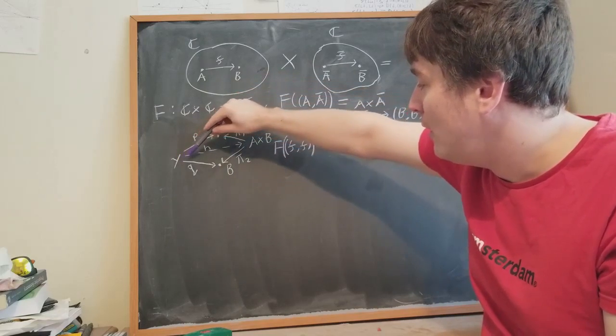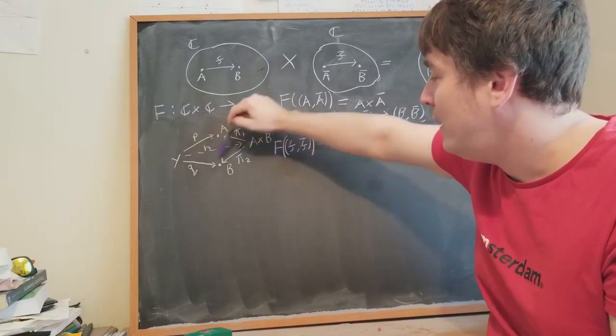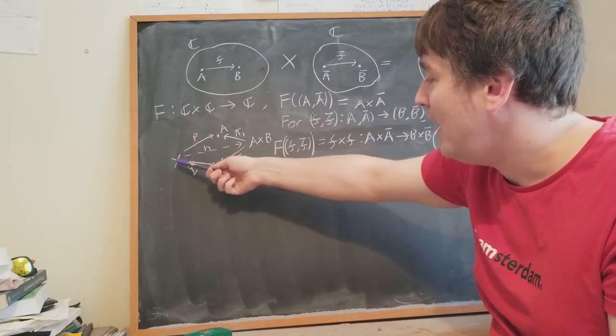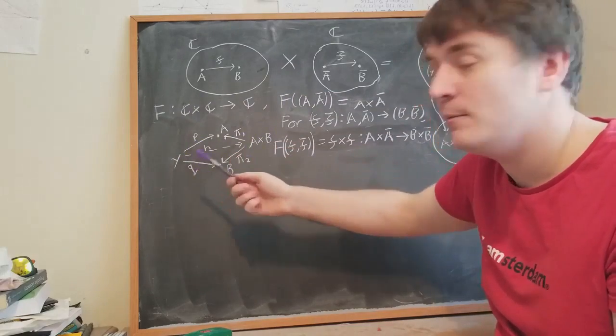So going along H and then going along pi1, their composition is equal to P, and going along H and then going along pi2, their composition is equal to Q.